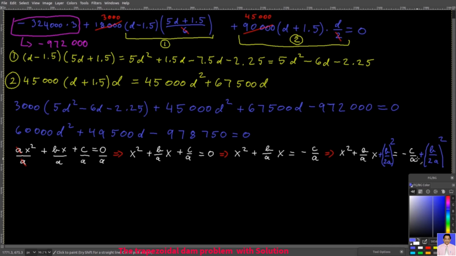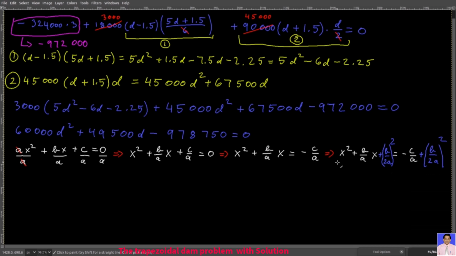You can do that because it's not going to change the equality of these equations. But the reason why I did that is because now this side can be written like this: x plus b over 2a squared. And this side can be written like this.